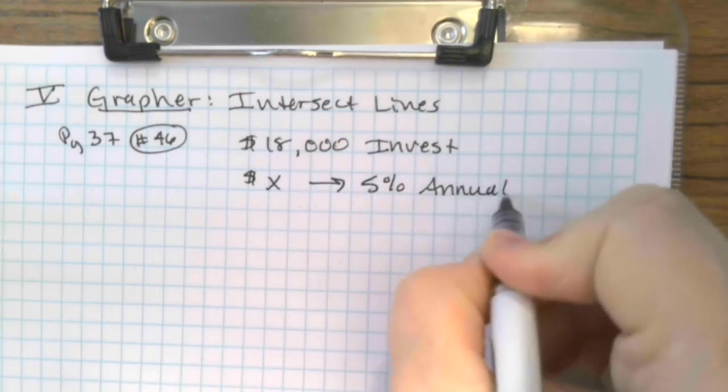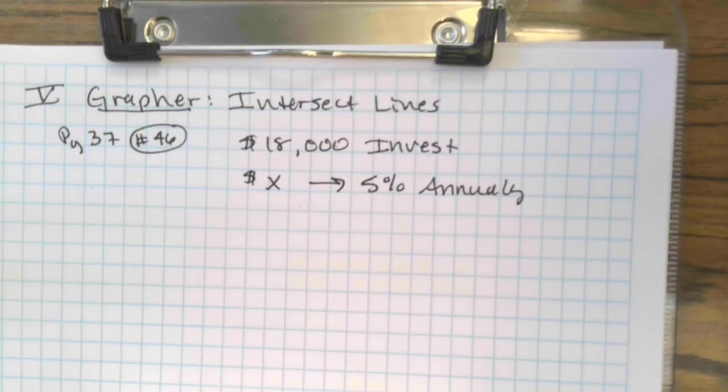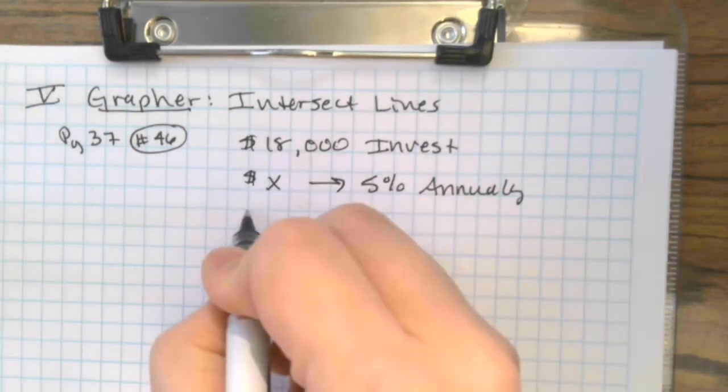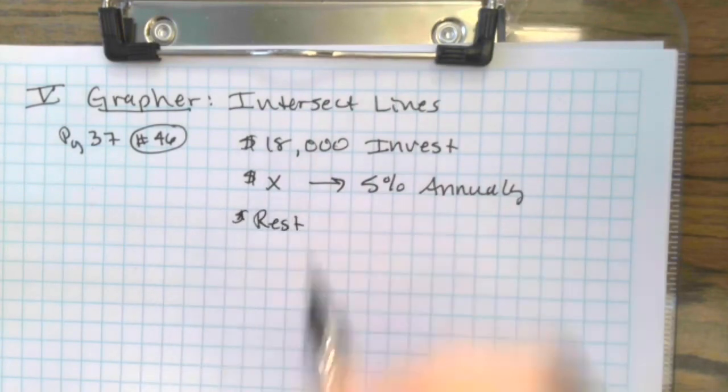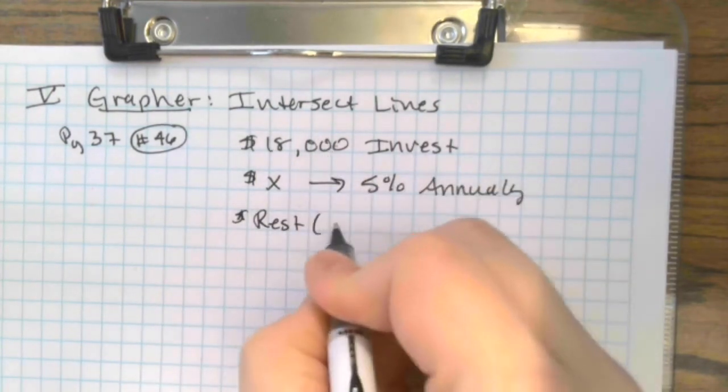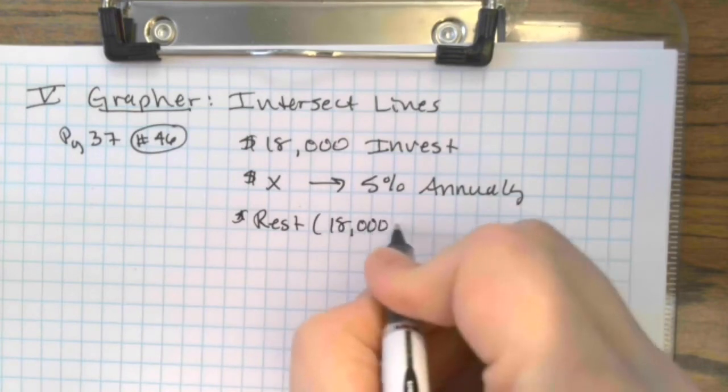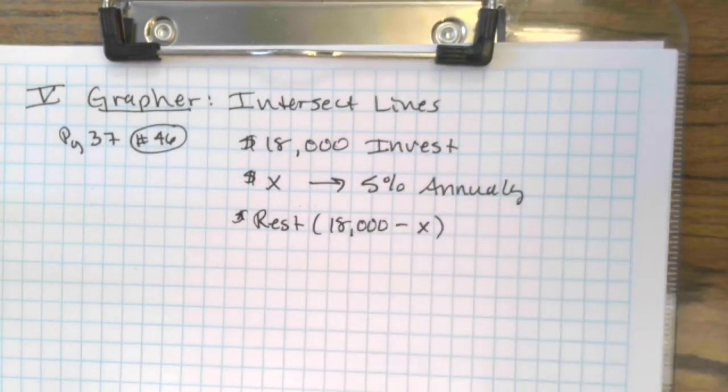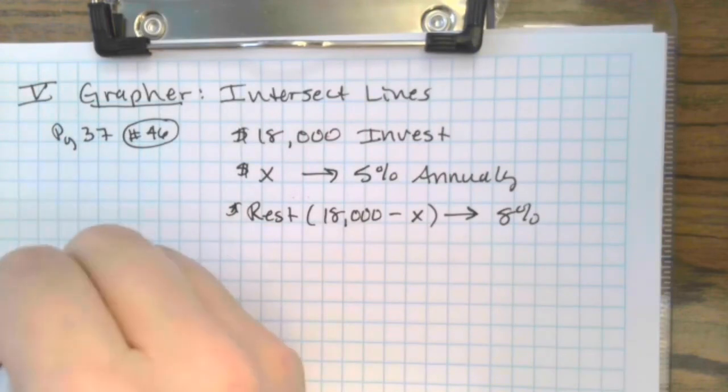And the rest into an account that pays 8%. So the rest of the money, which would be 18,000 minus whatever we put in the first one, is going to go into the 8% annual account.